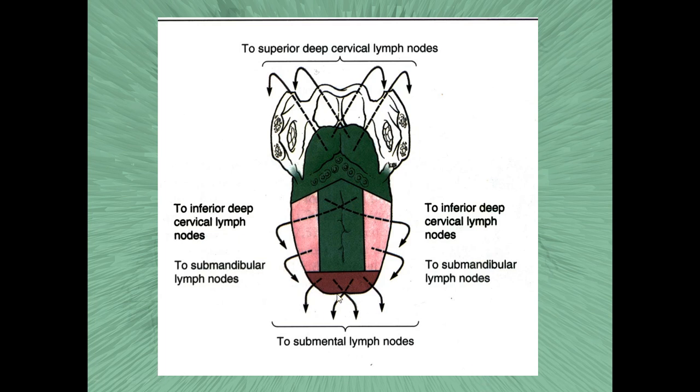From the apex of the tongue, lymph drains into the submental lymphatic nodes, as I told you before, the center of the face and the apex of the tongue as well, submental lymphatic nodes.